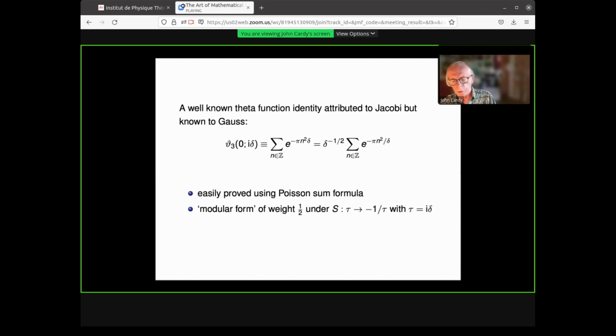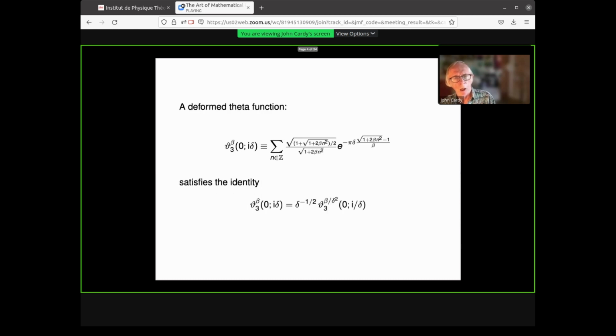And the T-Tbar deformation of this object has a parameter here which is beta, and it looks like this. So you see the exponent is modified to something that looks like this. If you take the beta goes to 0 limit, you get back to what we had.